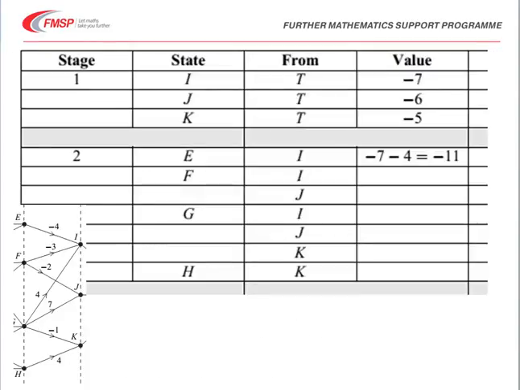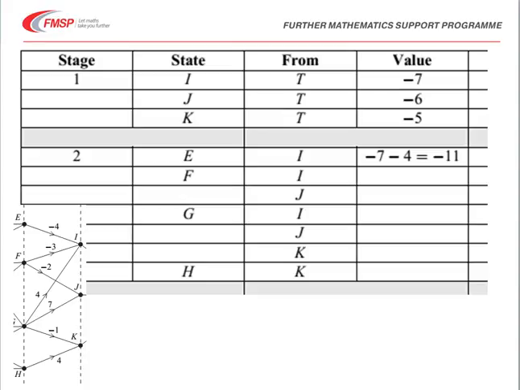Right, so we can see on the table that the first stage has been done with the values -7, -6 and -5.